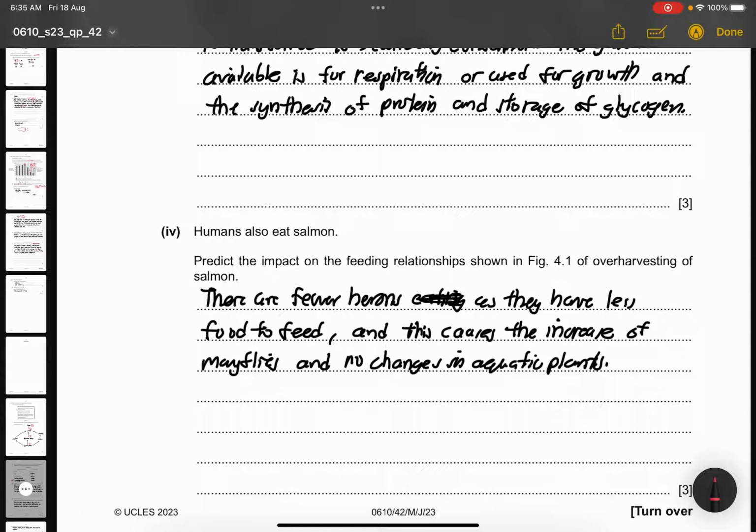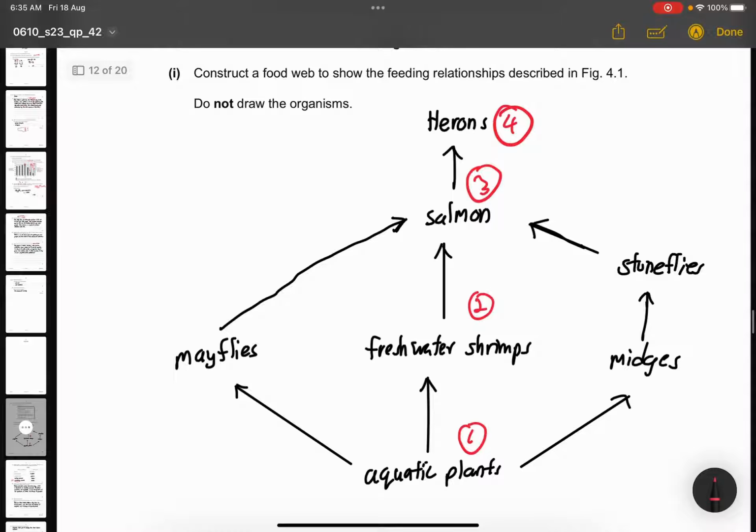Okay. Question part 4. Humans also eat salmon. Predict the impact on the feeding relationship shown of the over-harvesting of salmon. Okay, you see, what I do is I use a pencil during the exam, and I write what happens if this decreases. If this decreases, the herons will decrease. This will increase the stoneflies, the mayflies, and the freshwater shrimps, and there will be fewer midges, but the aquatic plant will still remain the same.